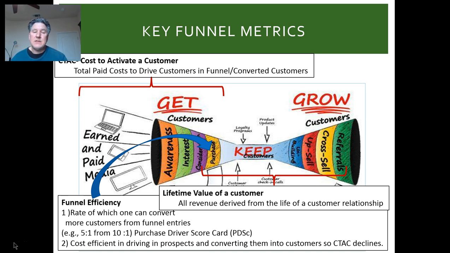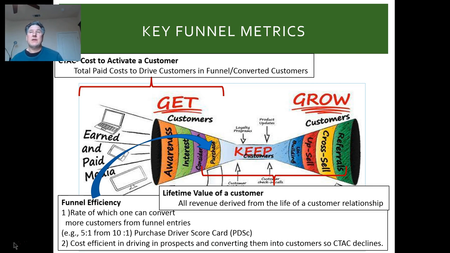And then last but not least is what we call the lifetime value of a customer, where basically it's all the revenue that's derived from the life of customer relationship. So especially when you have a customer that may be buying on multiple occasions your brand and have an ongoing relationship, the keep and grow is very critical.